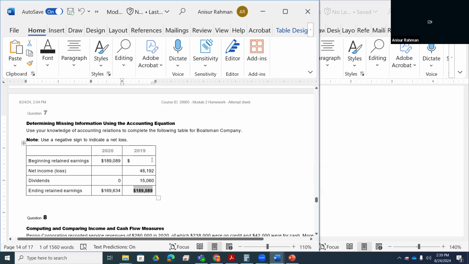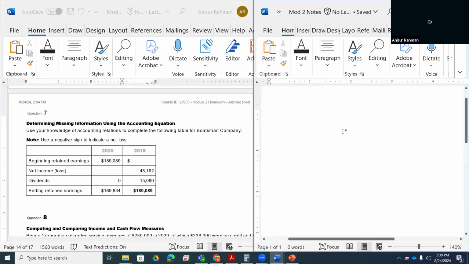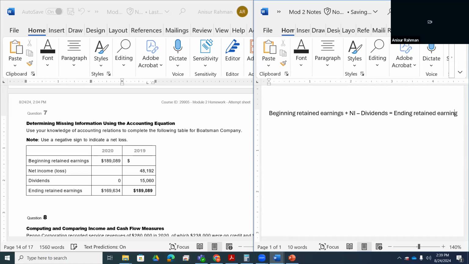Now, we know that if we add net income and subtract dividends from beginning retained earnings, we'll get to ending retained earnings. In other words, beginning retained earnings plus net income minus dividends is equal to ending retained earnings.